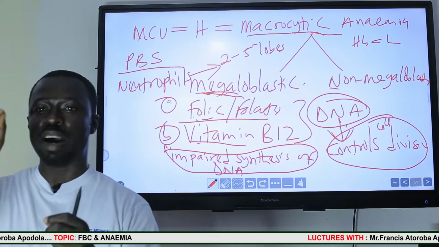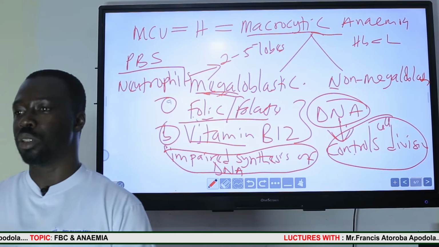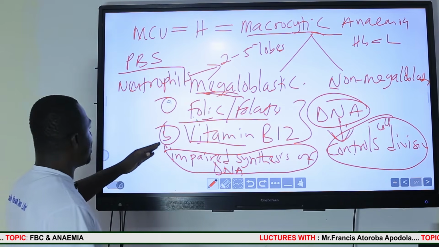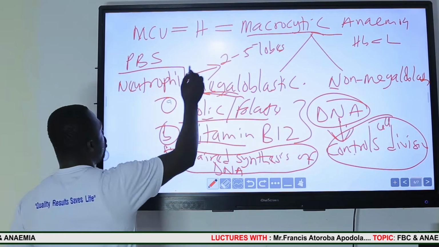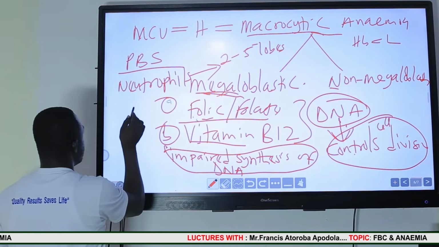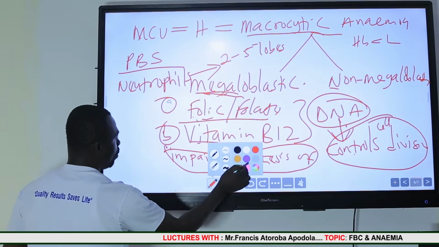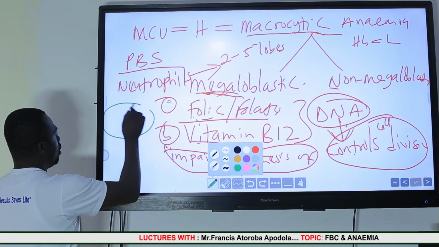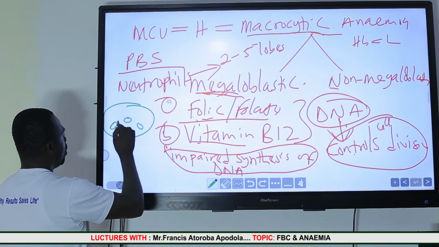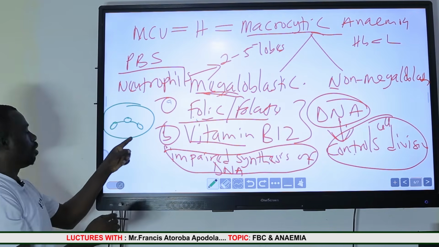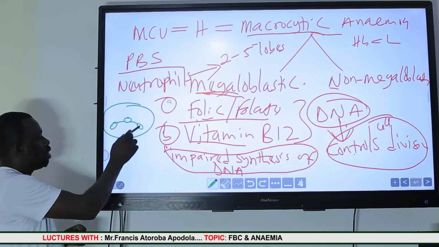What happens in megaloblastic anemia? If you see this one, for instance, this is a neutrophil. How many lobes does it have? 1, 2, 3. 3 lobes.